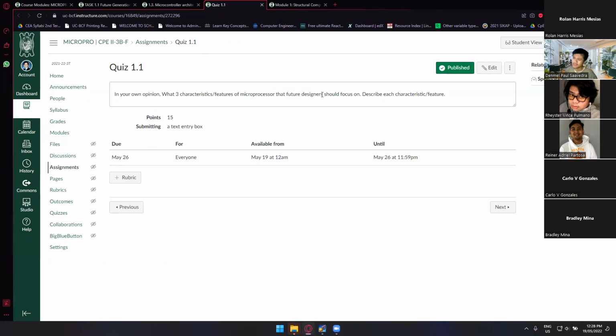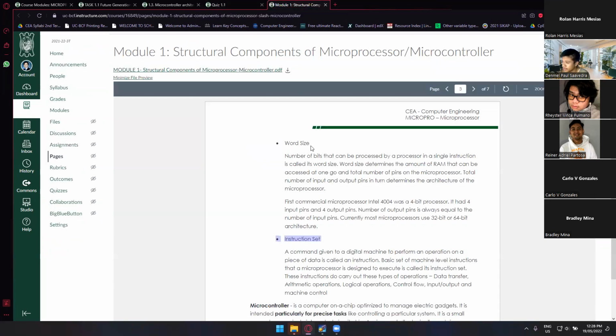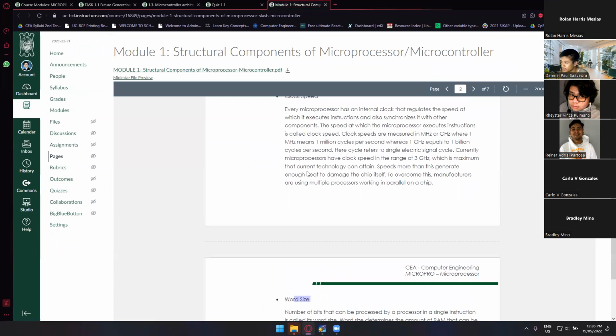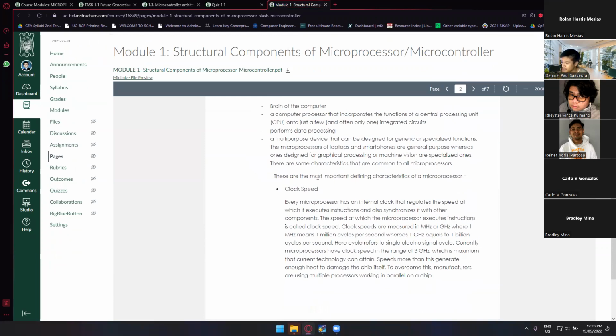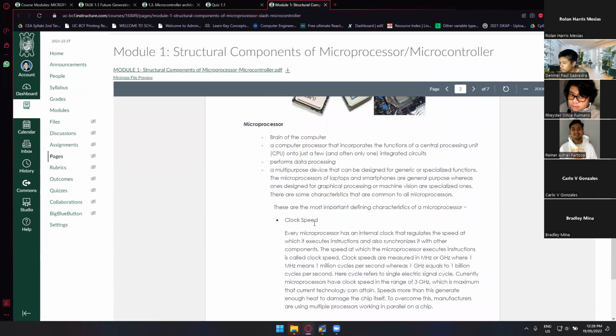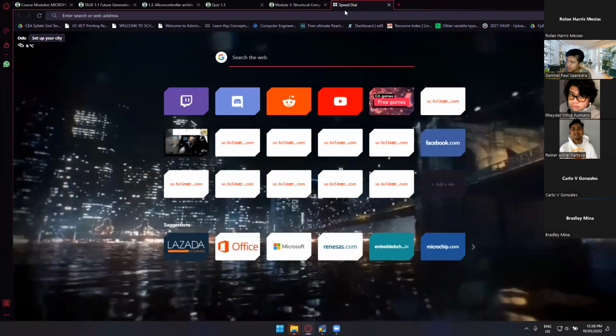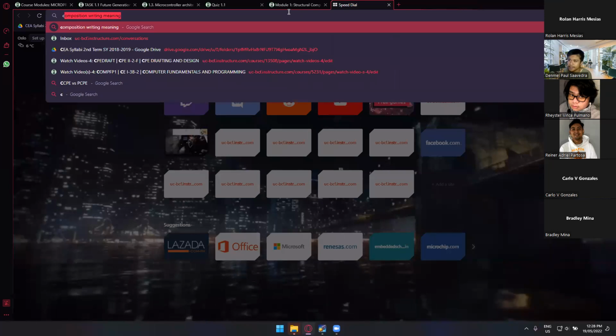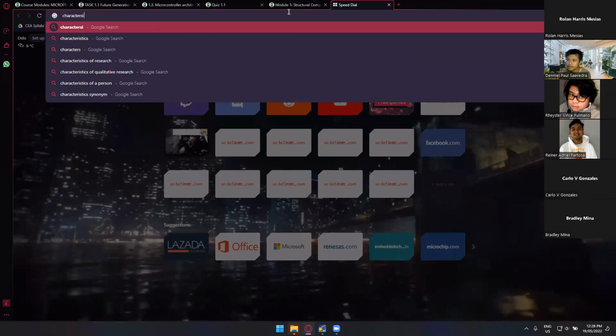So basically, maybe it has more features other than this one, since these are just the important defining characteristics. So maybe we have more. Let me just verify your quiz 1.1.